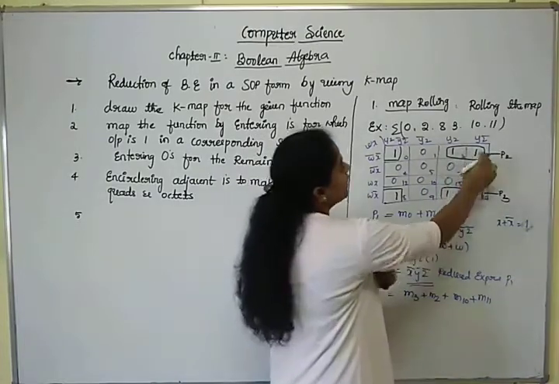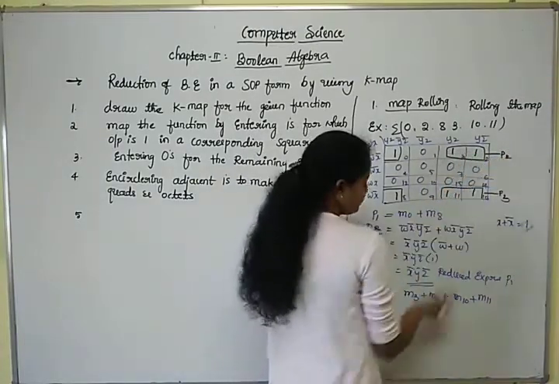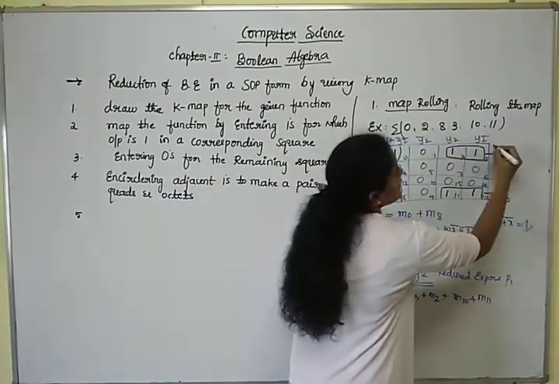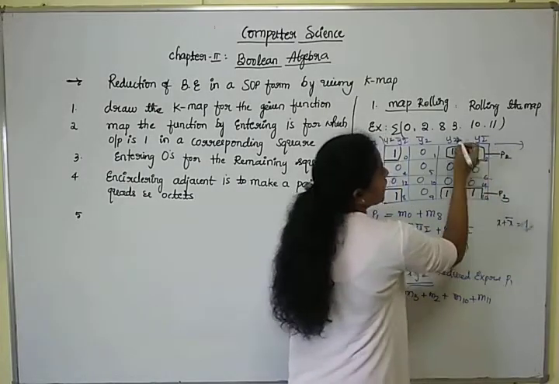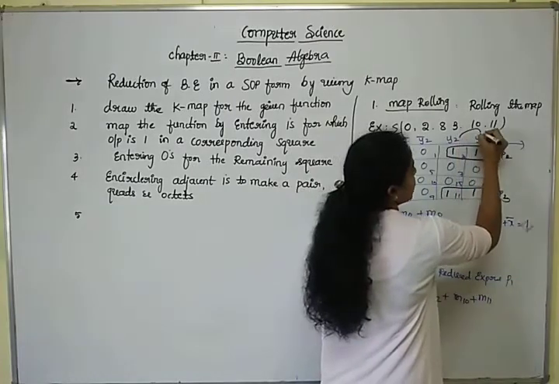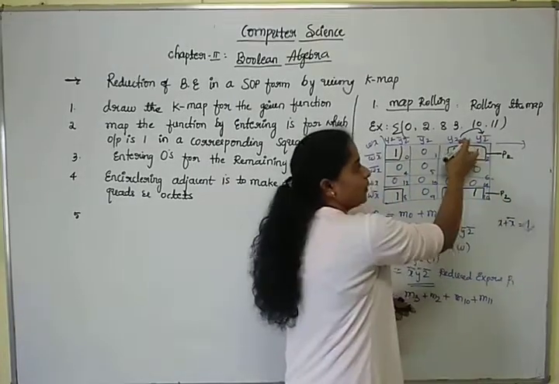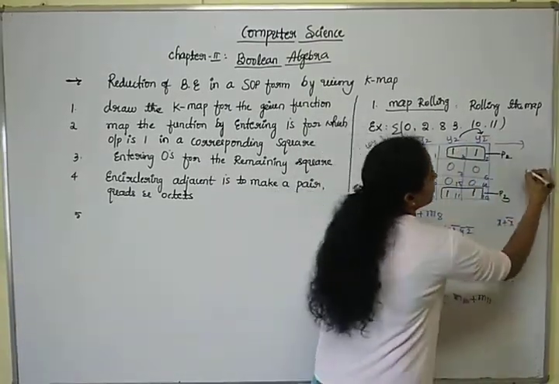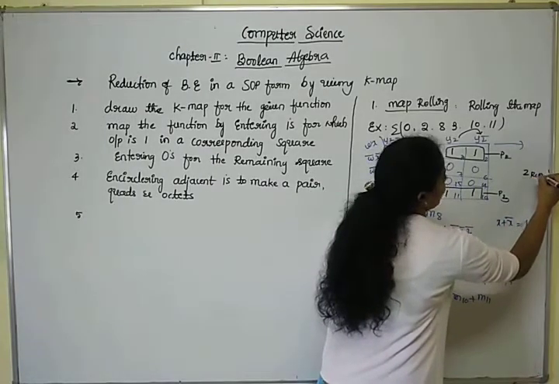That is, when it is moving horizontally, this z changes its state from uncomplemented to complemented. So z is removed.